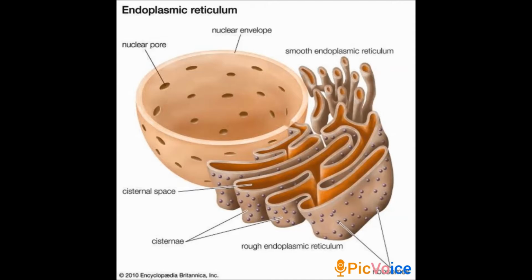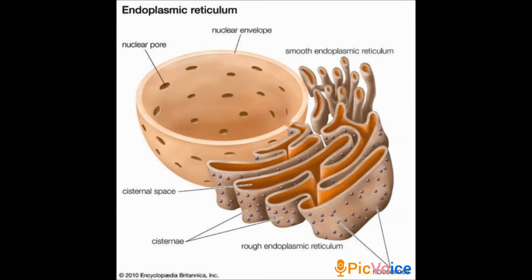On the other side there are no dots, just plain foldings, and that is smooth endoplasmic reticulum because there is no ribosome. Rough endoplasmic reticulum helps in the synthesis of proteins, and smooth endoplasmic reticulum helps in the synthesis of lipids. Lipids are nothing but fat materials.